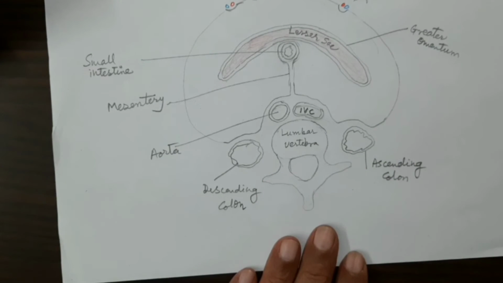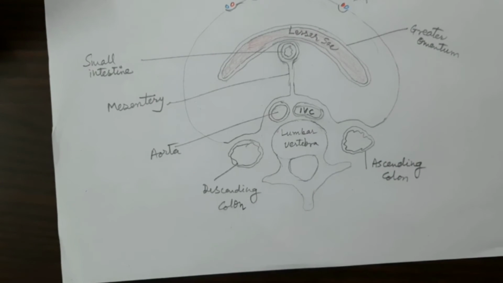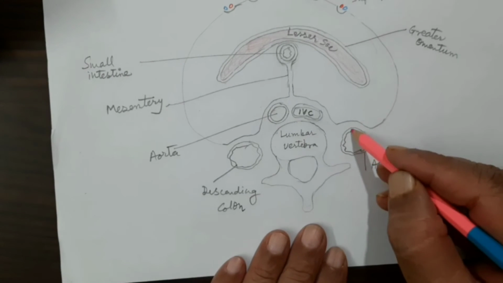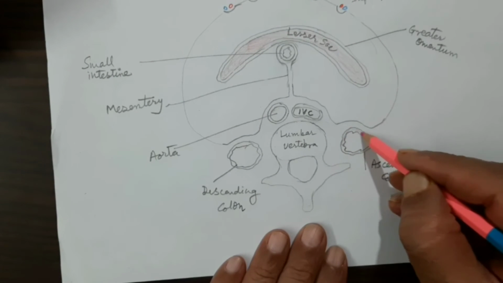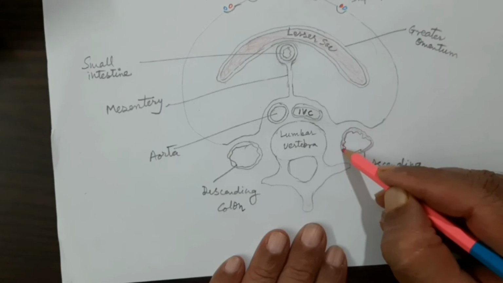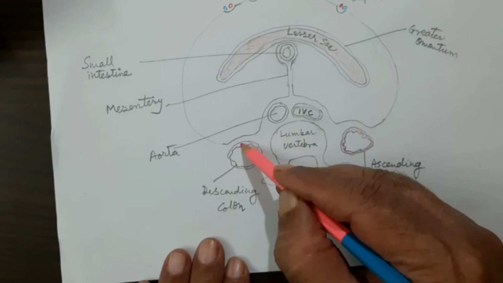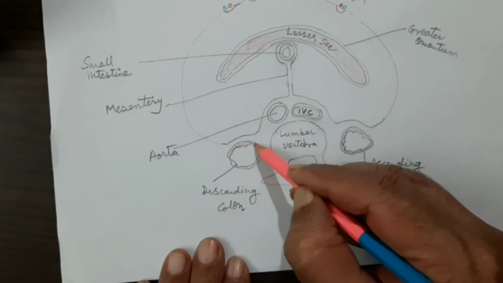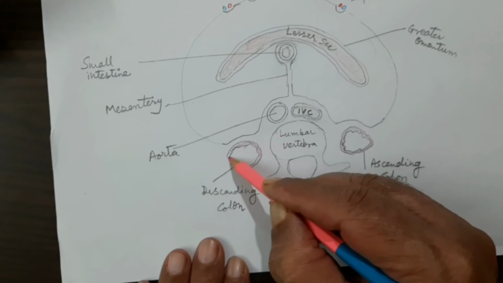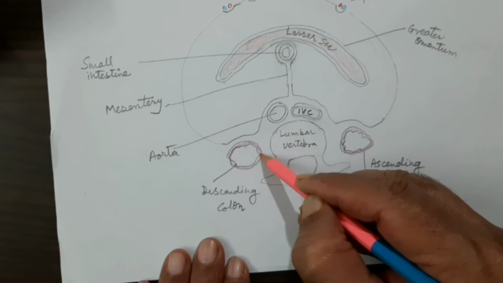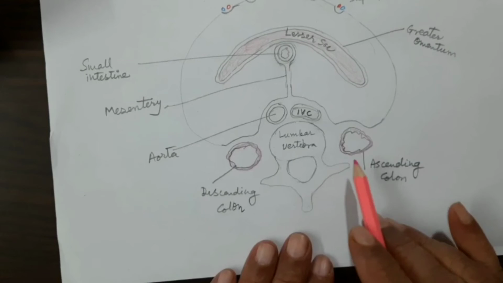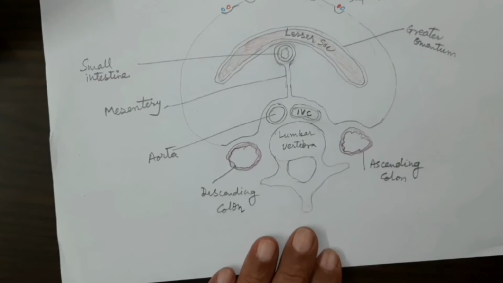These two are the ascending and descending colon. On the right side it is the ascending colon, and on the left side the descending colon.